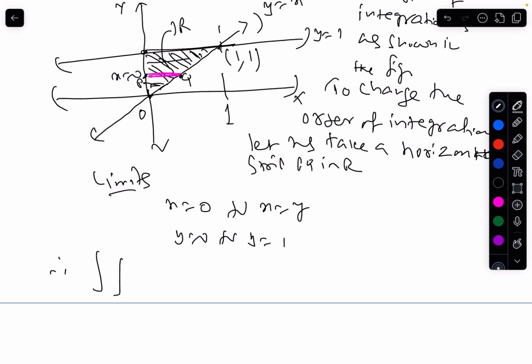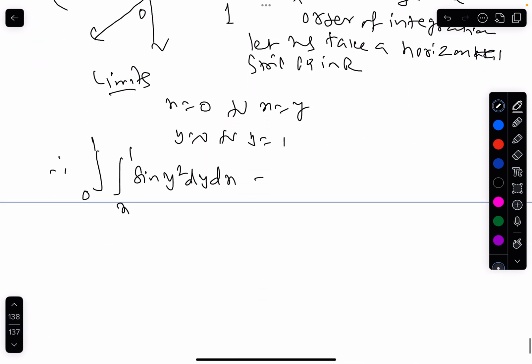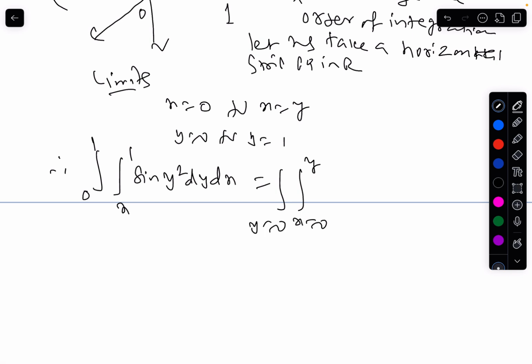And therefore, integration x from y to 1, 0 to 1, sine y square dy dx is now equal to x equal to 0 to y, y equal to 0 to 1, sine y square dx dy. Sine y square integration is not possible.